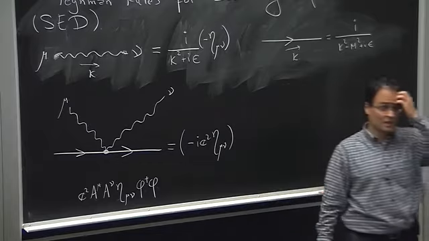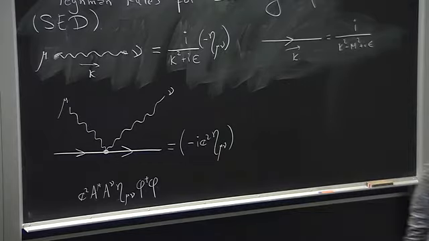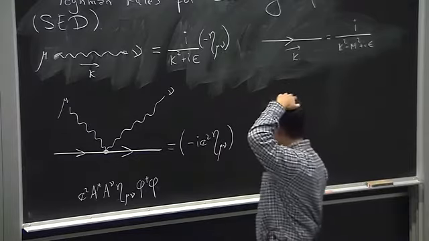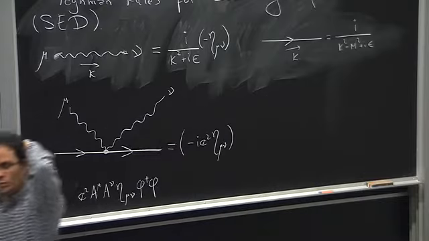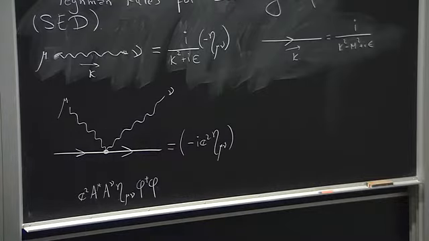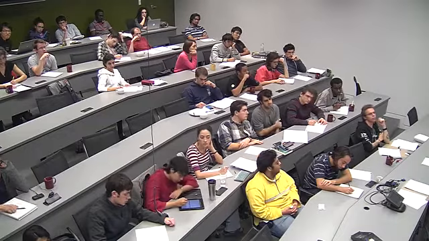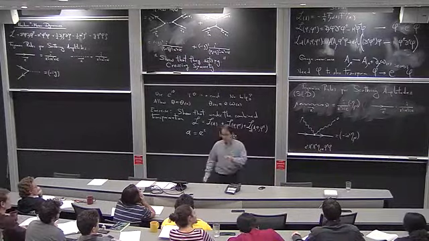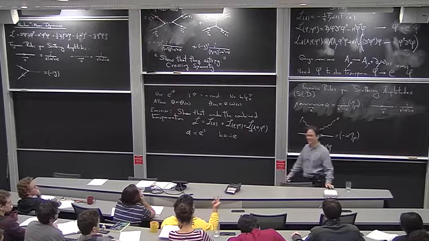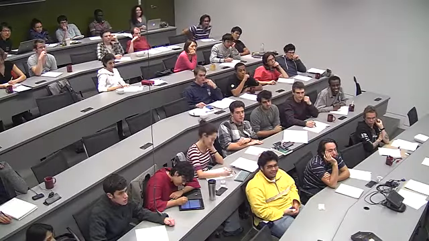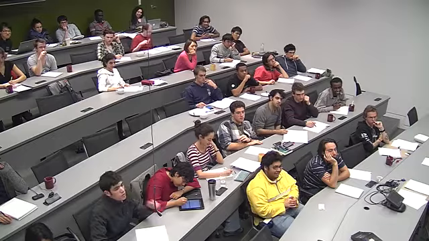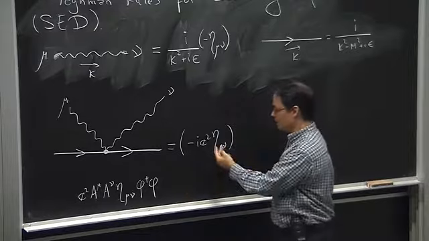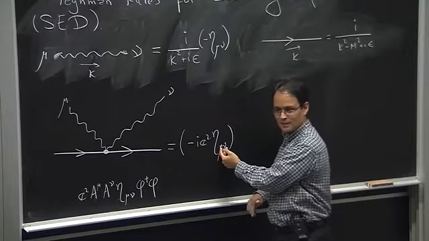But I'm missing something here in this interaction vertex. What do you think it is? It's actually a number. Whoever can figure out the number and tell me the reason. 2? It's a 2. Now you have to tell me the reason. That's right. There is a symmetry here. Of course, this is only non-zero when these two indices are the same.